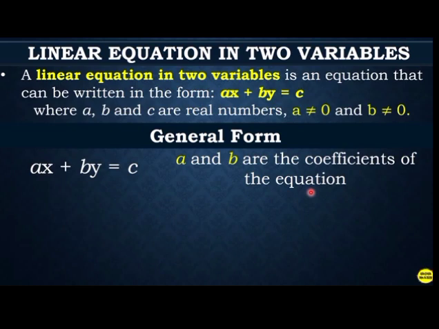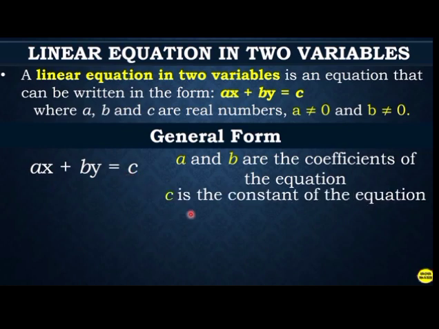So if you were asked what are the coefficients of the equation, then you have to look for the values of the coefficients of ax and by. How about the c? The c is the constant of the equation.